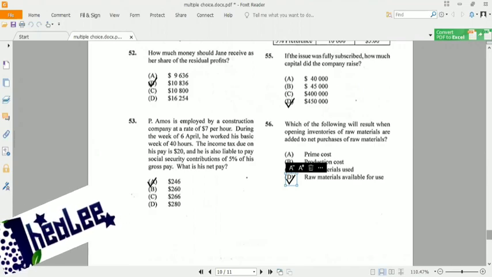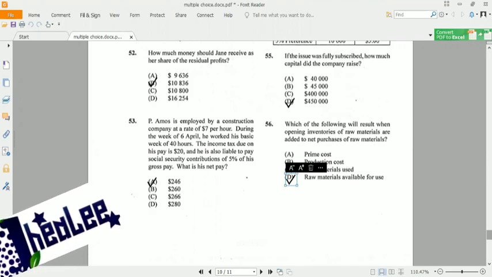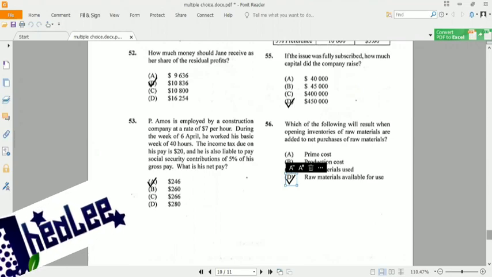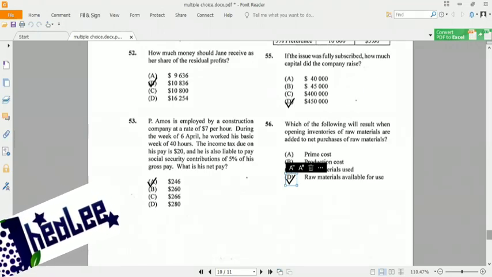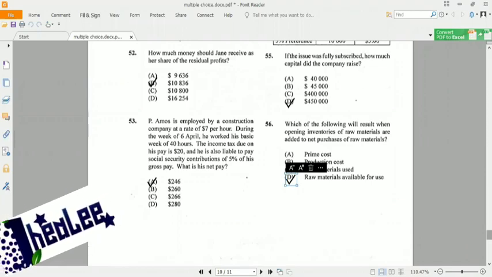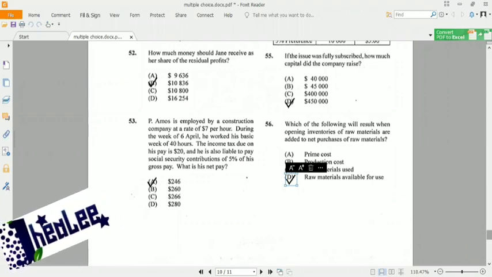Your production cost is when you add in your factory overhead, add your opening work in progress if there is any, less your closing work in progress if there is any, and you would get your production cost of goods completed for the period.